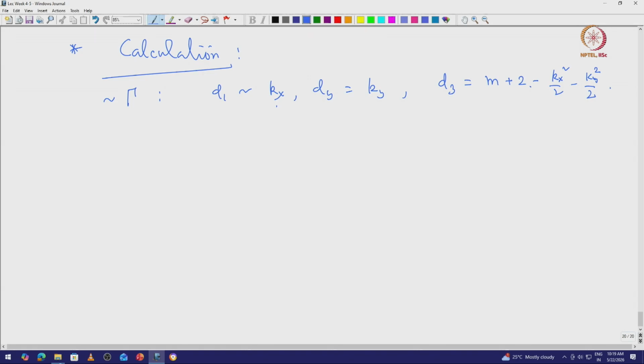Okay. At M point, D1 is, so we are now expanding near pi.